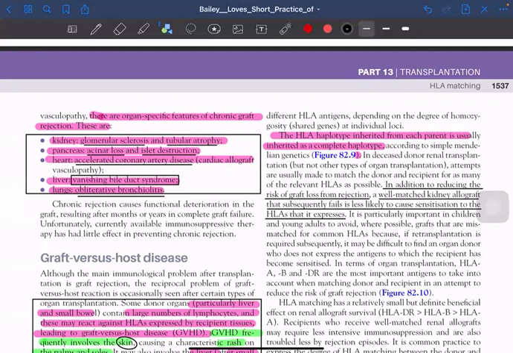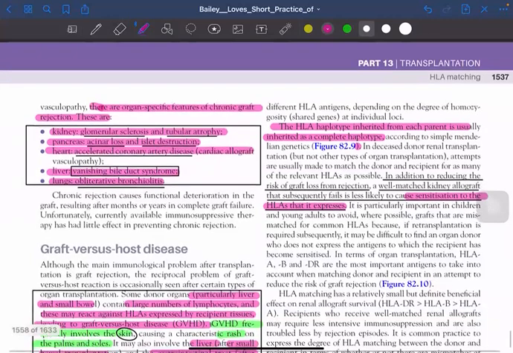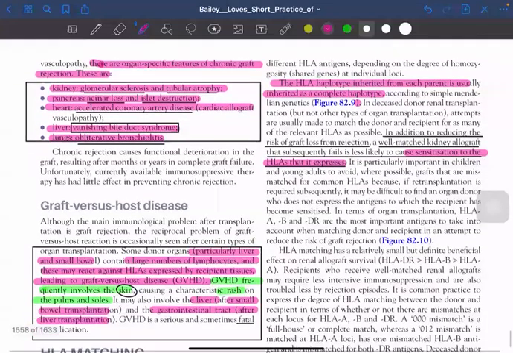But if your HLAs have good matching, there will be fewer chances of sensitization. If you need further transplants, those patients who had a good match with the failed graft will have less sensitization to the HLAs, so it will be easier for them to get a regraft done.